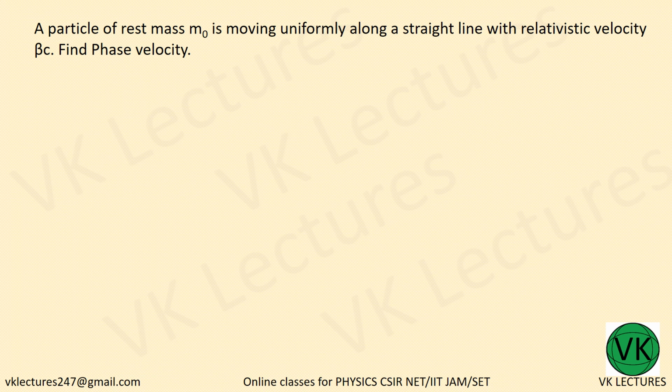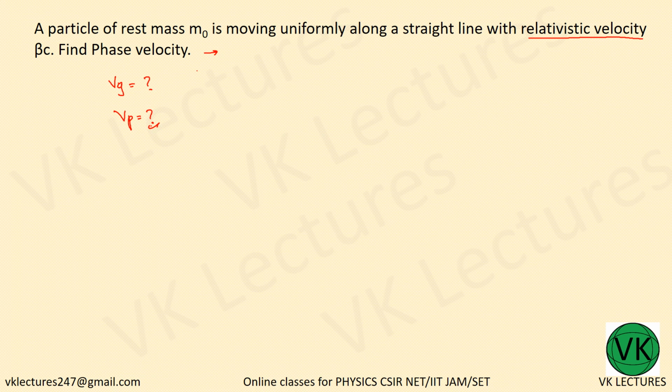Now here underline every important point. A particle of rest mass m0 is moving in a straight line with relativistic velocity. Now we are considering it as a relativistic particle. Vg we don't know, Vp we don't know, but we know the particle is moving.